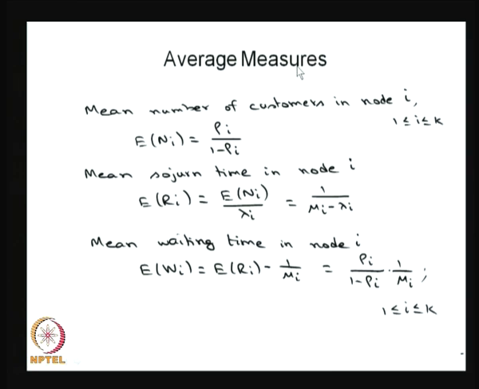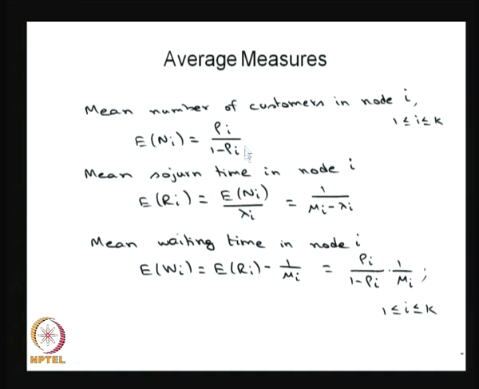So, for any general k queues, not a tandem queue, an open queuing network with feedback, you can get the average measures also. The way we have calculated for the 2 queue model or the tandem queue model, the same logic can be used for open queuing networks with feedback.